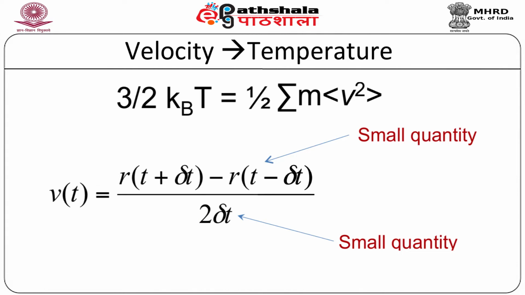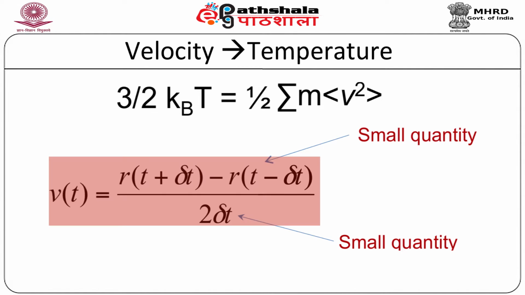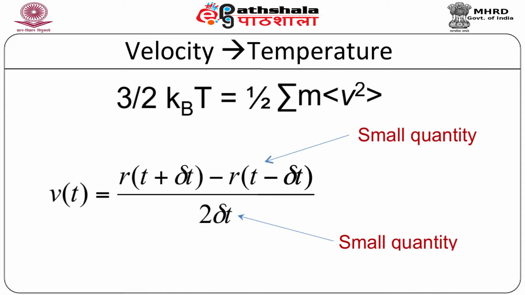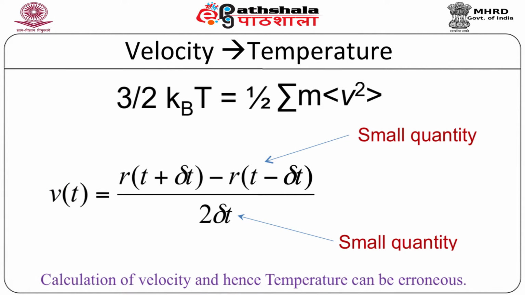So dividing a very small quantity by another very small quantity will lead to error, particularly when we are doing this calculation in a computer. So my velocity determination will be erroneous, and so the temperature can also be erroneous. So we cannot really use this principle, which is called the Verlet algorithm, for realistic simulation.